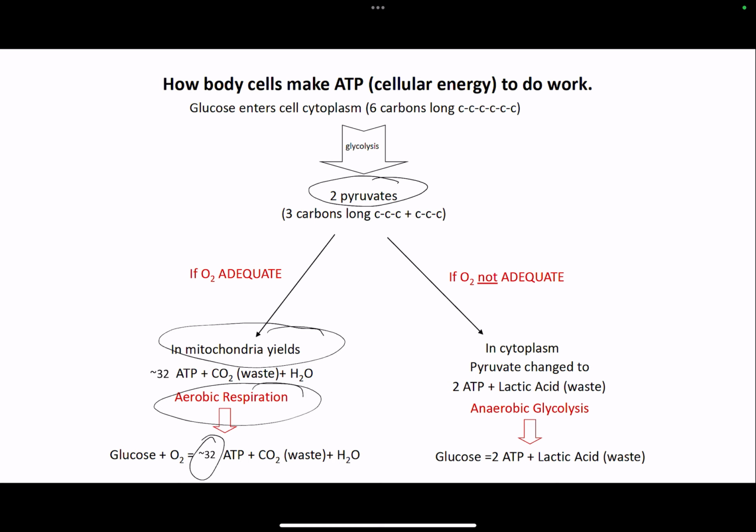If we don't have enough oxygen, then we're going to go through anaerobic glycolysis, and we're only going to get 2 ATP per glucose. So why coronary ischemia and angina is so dangerous is because your heart cannot rely on 2 ATP per glucose. There's no way. Okay, it works 24/7, 365 days a year. It never ever stops working. There's no way that it can live off of 2 ATP per glucose.